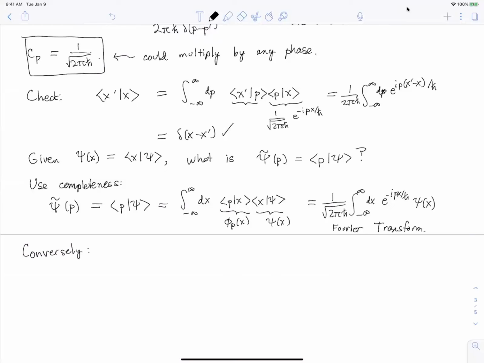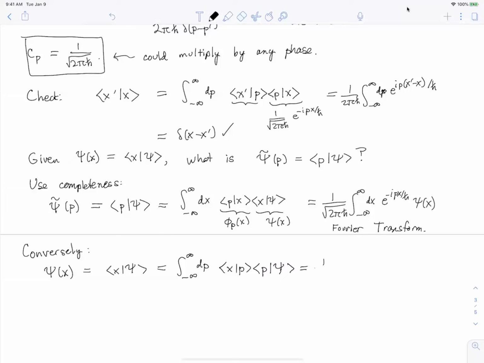Okay, and so psi of x, given psi tilde of p, we can get by just doing the analogous thing. Now we're going to use completeness in p. Okay, so it's always just a matter of figuring out, should I use completeness in p or should I use completeness in x?